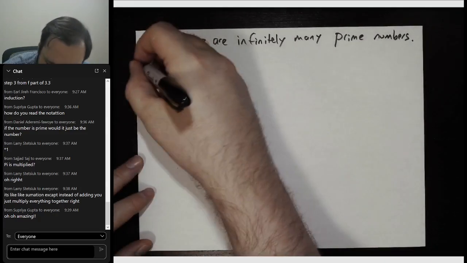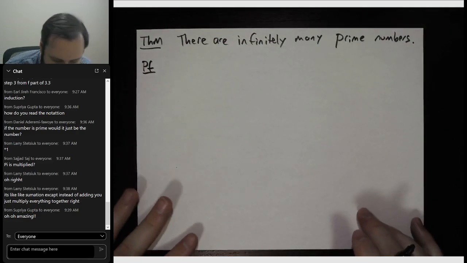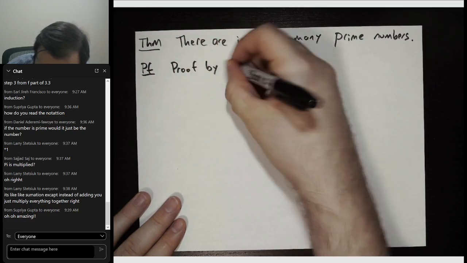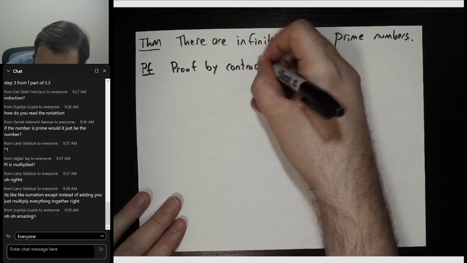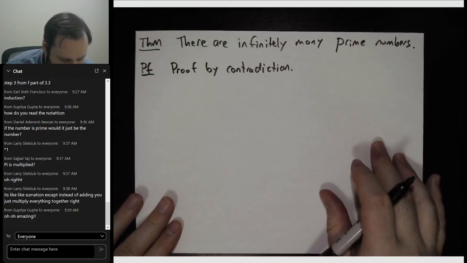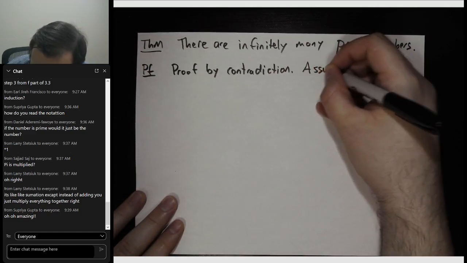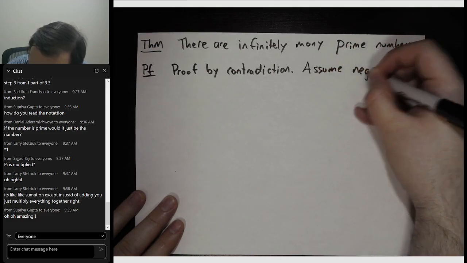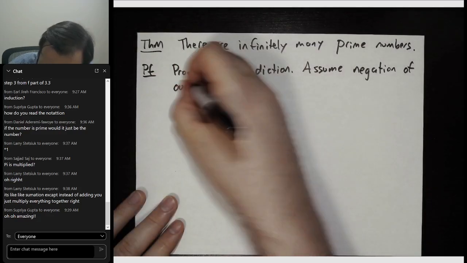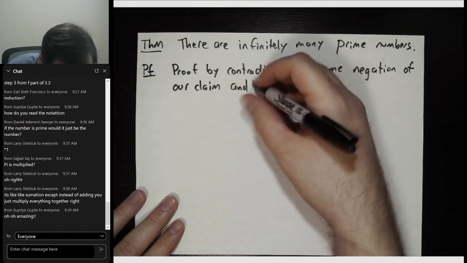So the proof of this is going to be our first example of a proof by contradiction. We saw a little bit of this in our logic section, but now we're actually going to use it to prove something real. So how does proof by contradiction work? We're going to assume the negation of our statement, of our claim, and find a contradiction.